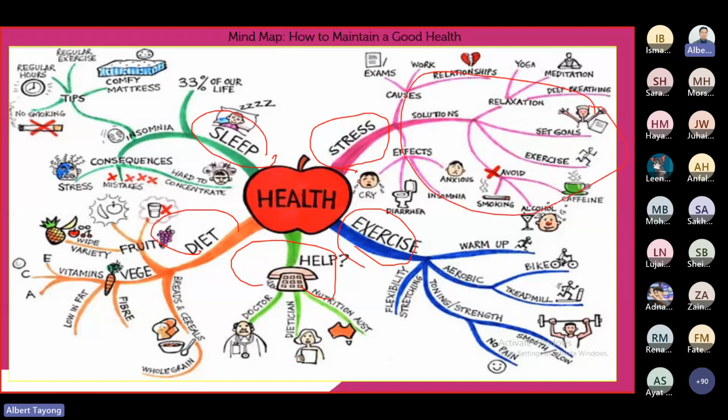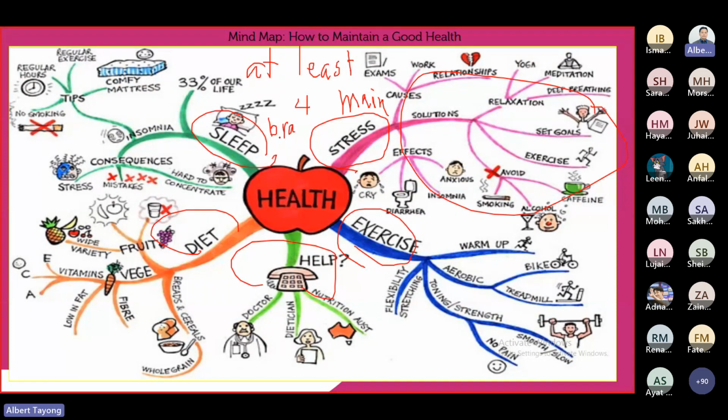These are the sub-branches. And as I mentioned, I need at least 4 main branches. Okay, the main. Here, for example, we have sleep, stress, exercise, health, and diet as the main branches.